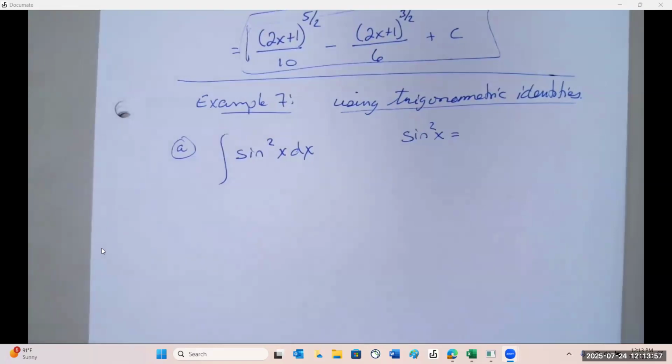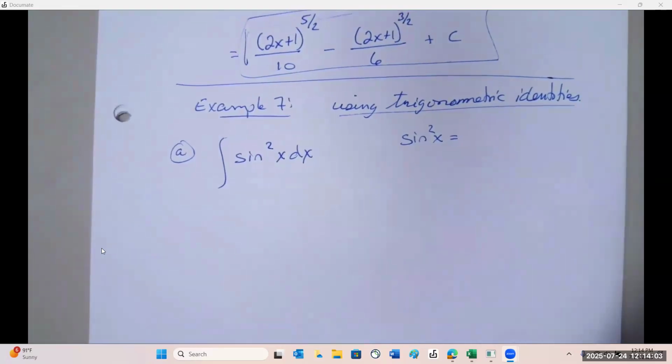That's where I gave you the cheat sheet, so you can look in there. We want to look for one that doesn't have any exponents and that's easily integrable, easily differentiable. Look for identities for sine squared.